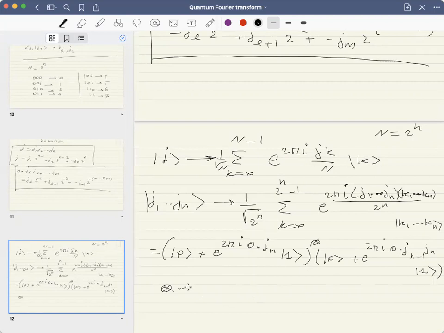And then we can keep going doing these tensor products, and the last one is going to be 0 plus e to the 2 pi i times 0.J1 up to Jn. If this is for qubit 1, this is for 2, the last one is going to be for n.